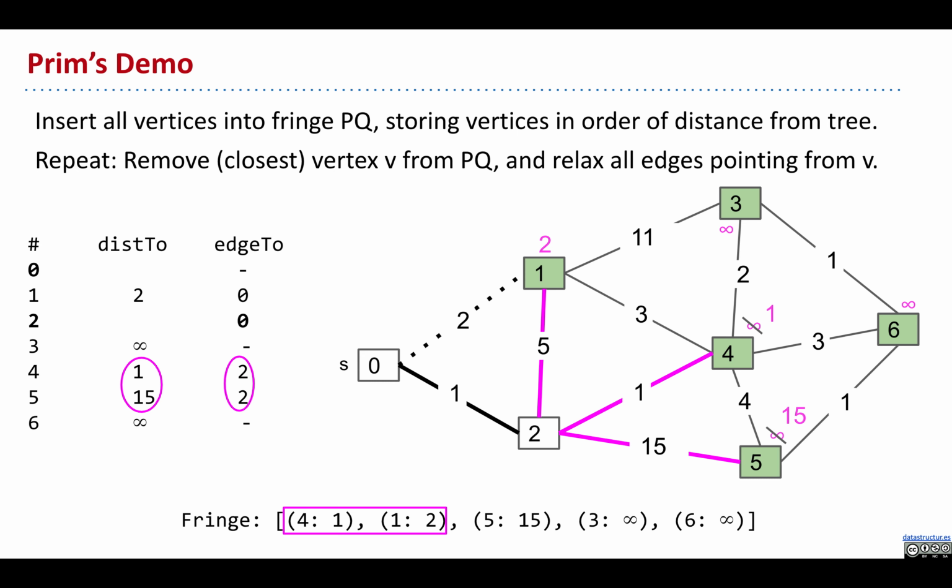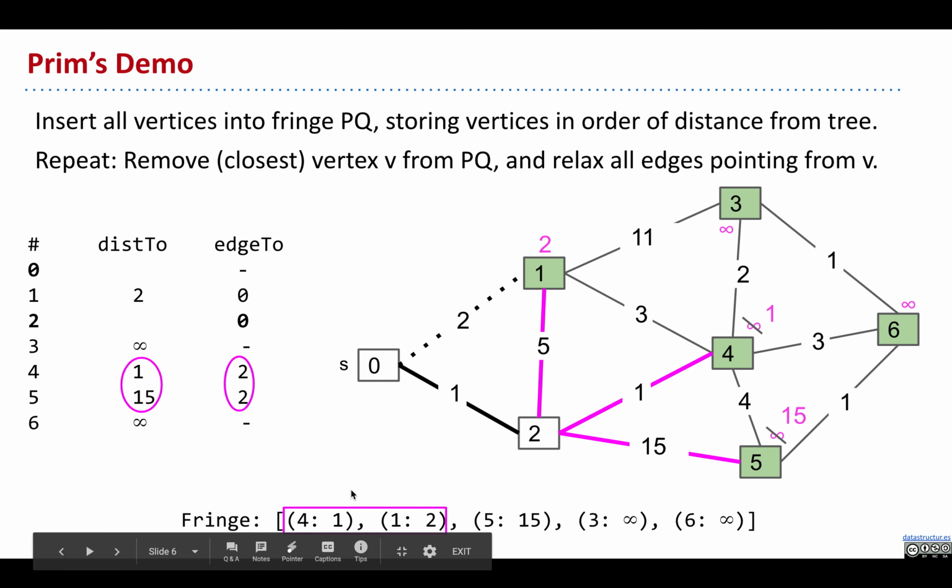Right? We don't care about how far it is away from the source. We just want to know how far away you are from the tree so far, because that's what we want to do. We want to connect the minimum spanning tree in the minimum weight. We don't care about how long those paths are. We just want the total minimum weight. So that's why we're using inside our fringe the distance away from the tree so far.